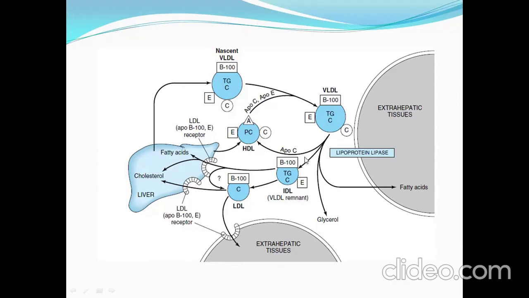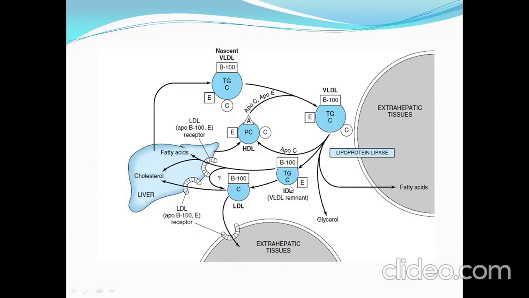Then fatty acid is released, and that fatty acid enters into the extrahepatic tissue, the tissue outside the liver. Glycerol is also released, and then VLDL is further broken down to a simpler one, called IDL, the intermediate density lipoprotein.